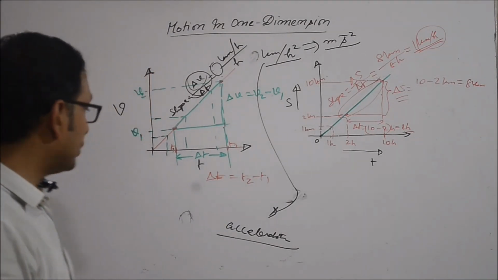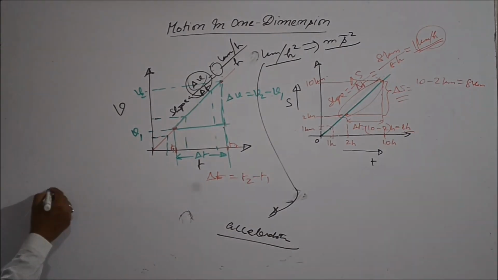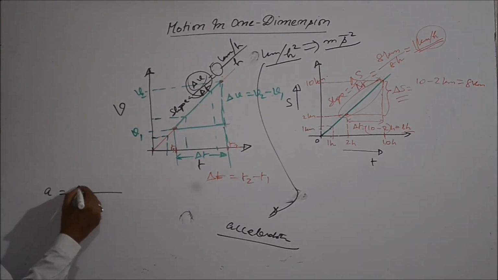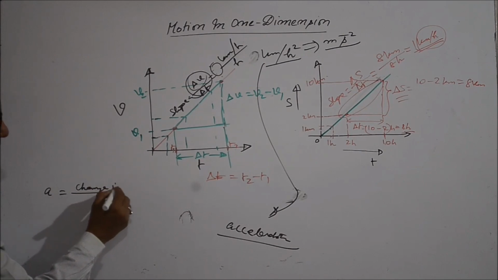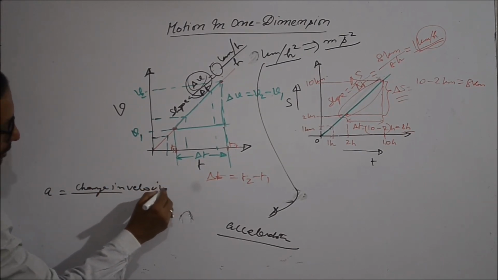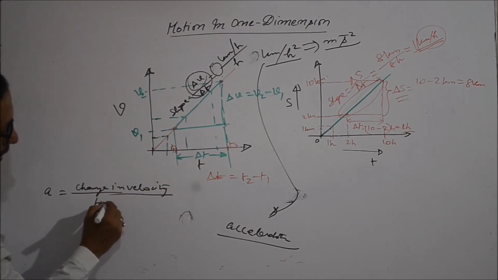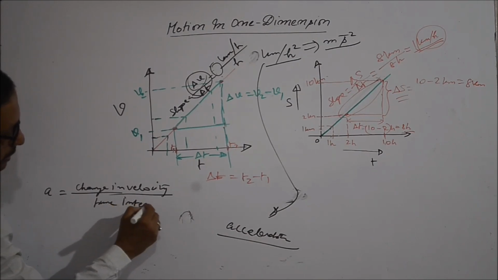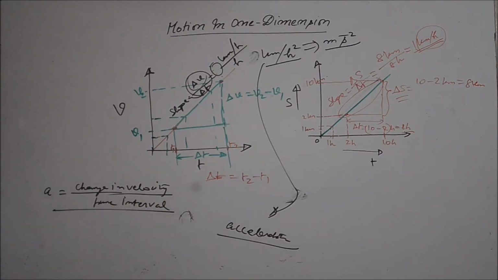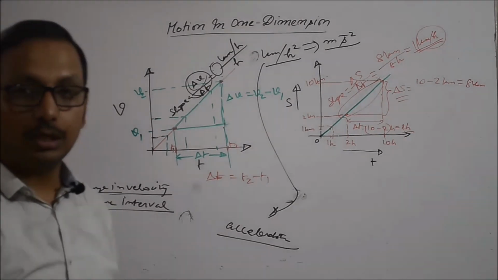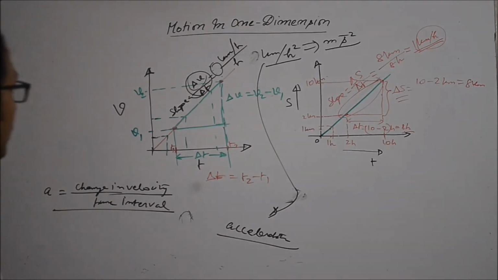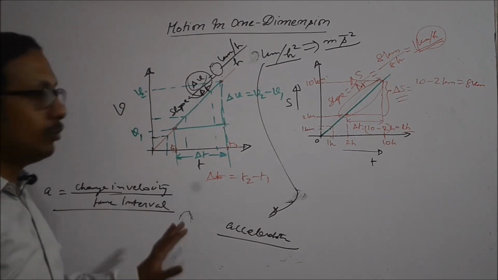So what is acceleration? In other way we can write acceleration a equal to change in velocity by time interval. So change in velocity by time interval is your acceleration. Now in this total graph, let me rub this one out. I hope you have understood this part.